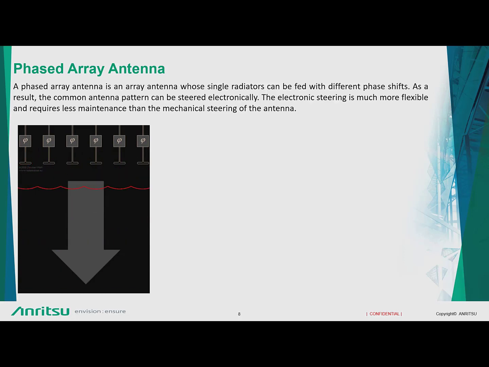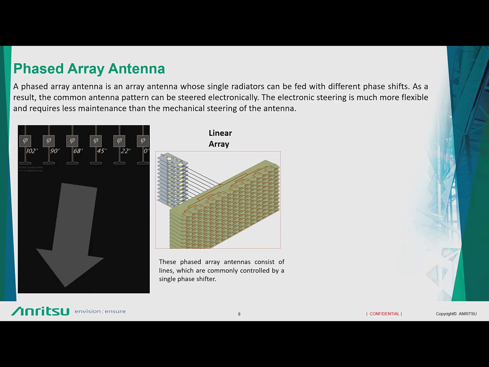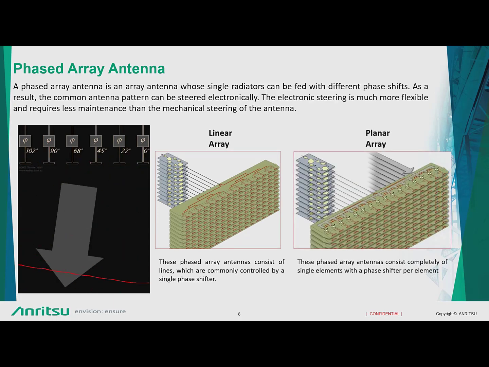Now these phased array antennas can come in basically two fashions. One is the linear array and the other is a planar array. In the linear array, you can see that they are controlled by a common single phase shifter. At the backside, you can see that there is only one phase shifter, right?